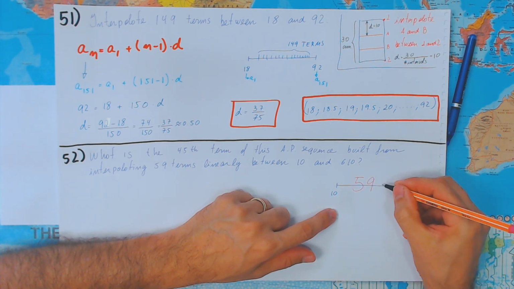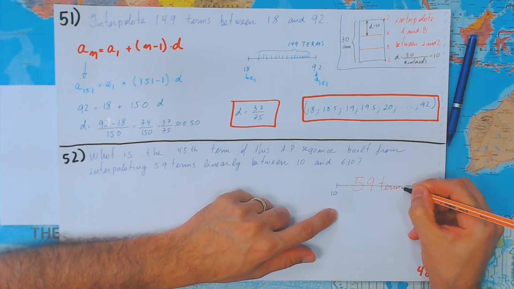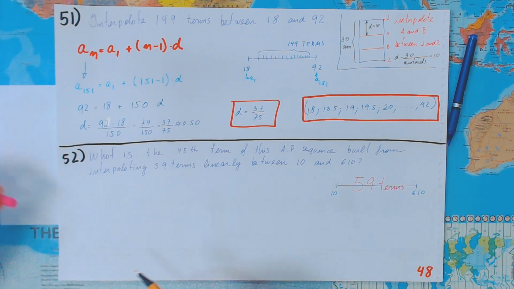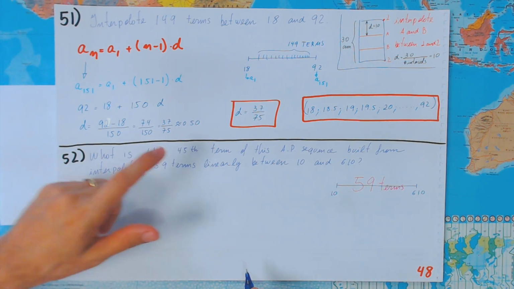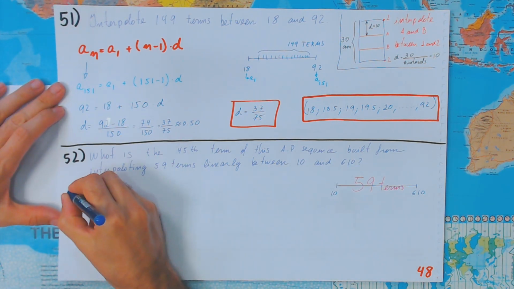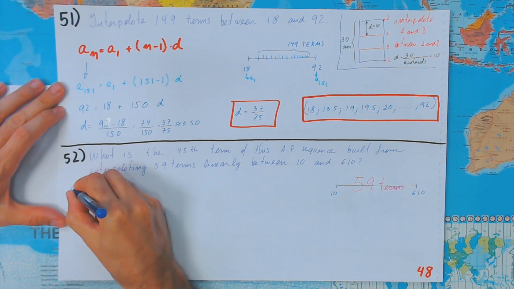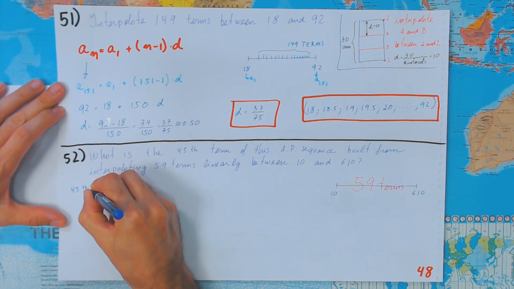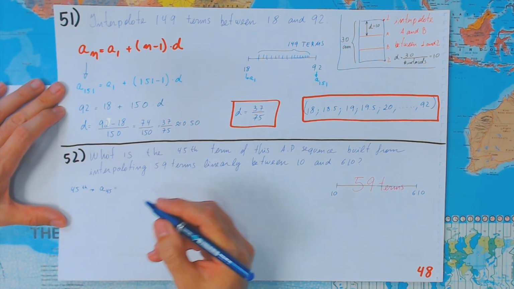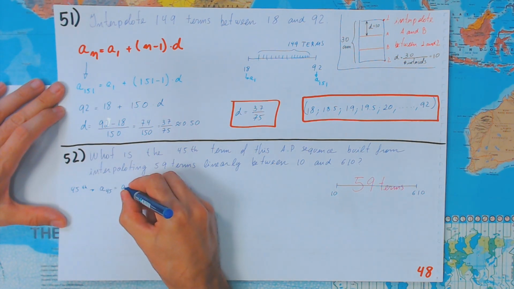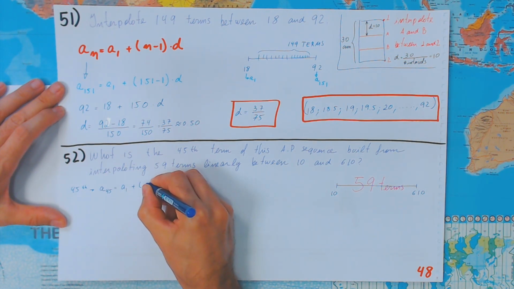59 terms, okay, in between. And what does that mean? It means that to get the 45th term, we are going to need the general term equation: a45 equals a1 plus, remember, 45 minus 1 times d.